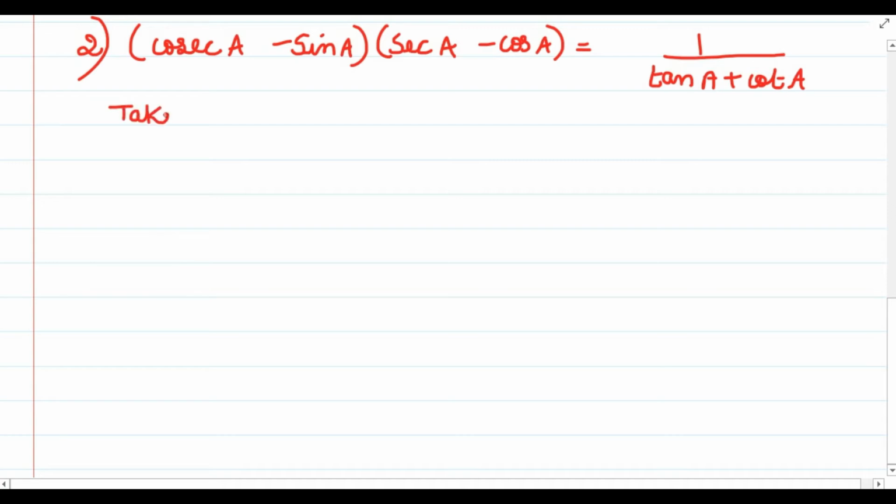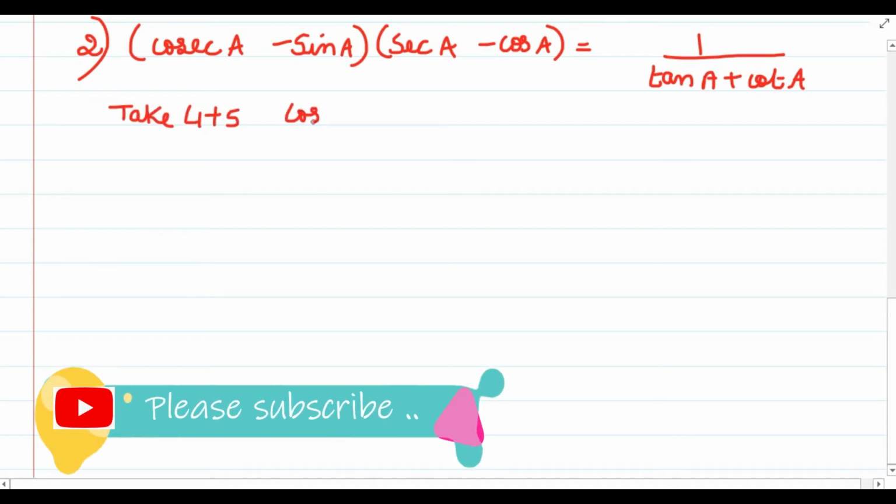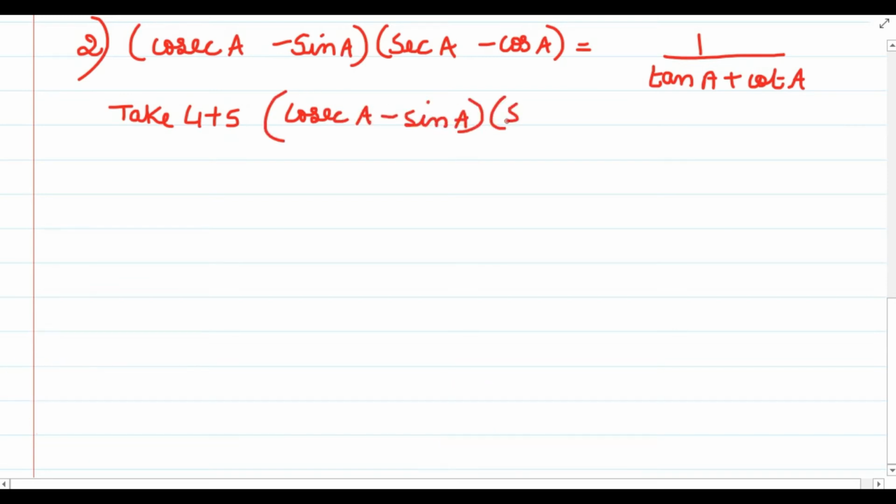So take LHS, which is equal to (cosec A minus sin A) into (sec A minus cos A).